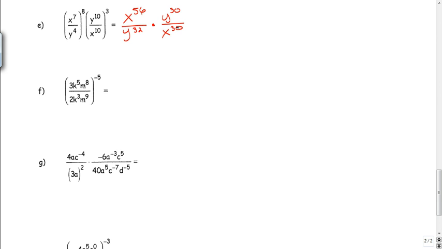Now, you can leave it like that, or there's a little shortcut. Since it's multiplication, you could actually just get rid of that dot and extend the whole fraction. So you have 56 x's on top and you have 30 on the bottom. So 56 minus 30 is x to the 26th over, you have 32 y's in the bottom, 30 on top, that's y squared. Do not get fancy and think that you can reduce 26 over 2 because you have 2 different variables, so you are done.